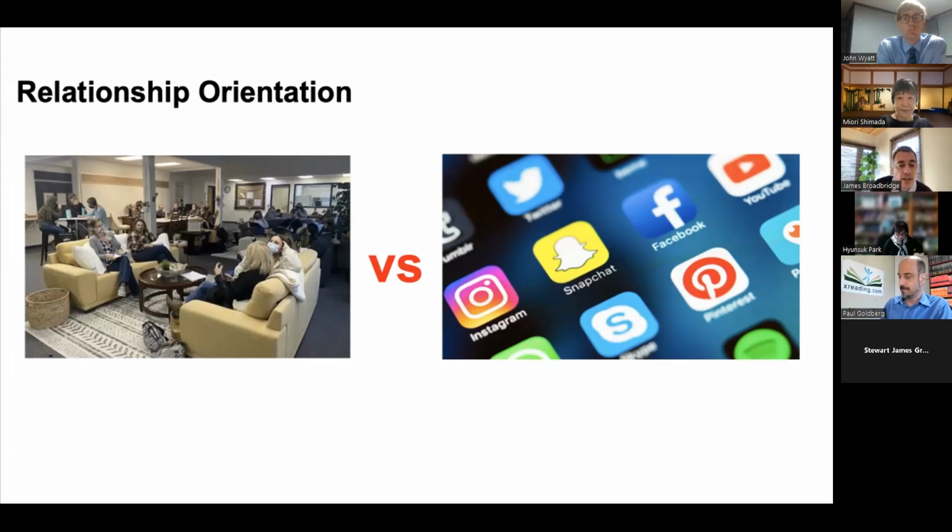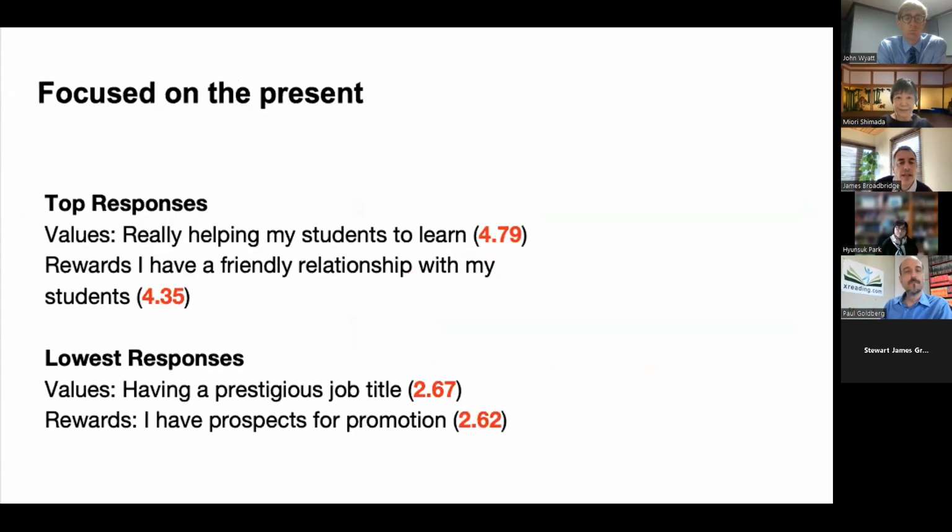Another thing we should look at is the differences between the two studies. We saw earlier when Hyun-Suk was looking at the ranking of the responses, the top responses and the lowest responses.